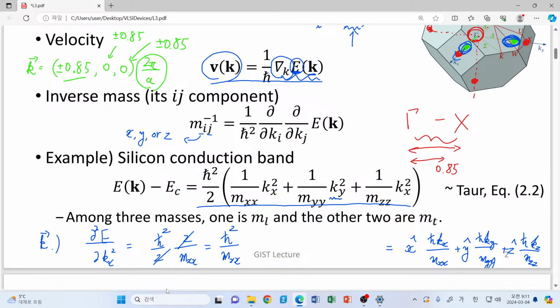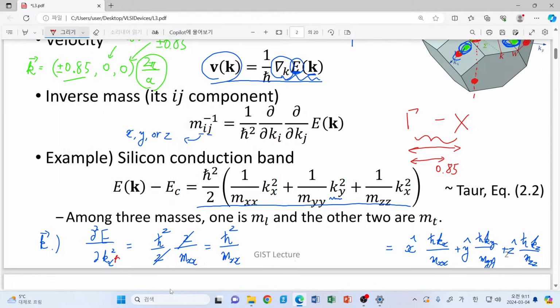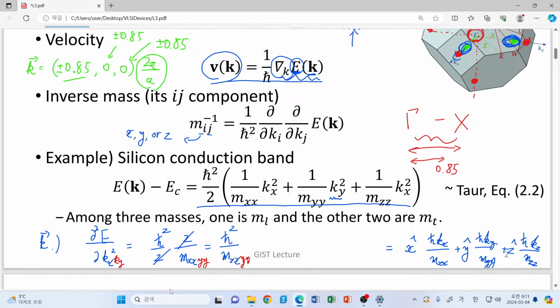Of course, if we take the partial derivative not for kx but for example ky, then you will have m_yy here. So simply speaking, when you take the second partial derivative of your energy with respect to a certain k direction, then you will have numbers like ħ squared divided by your directional mass, and your inverse mass is given by the second order derivative normalized by ħ squared.